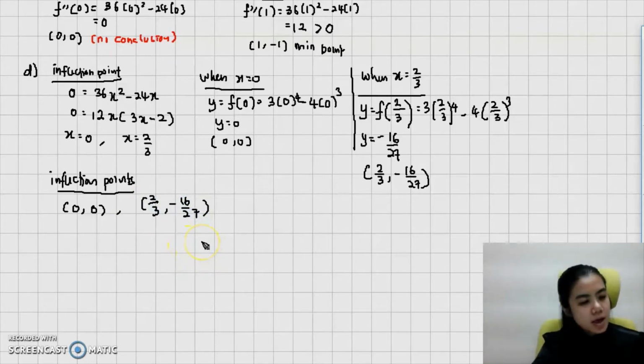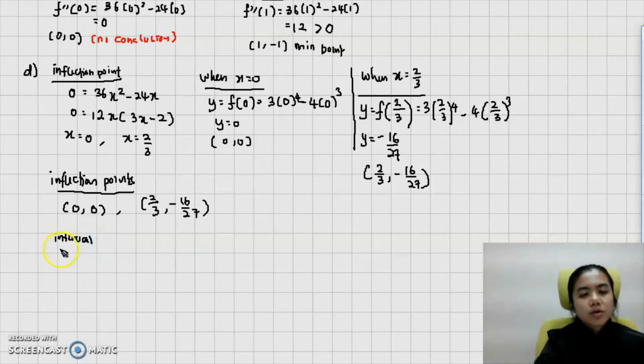The next task is to find the interval of concave up and the interval of concave down. Same thing, you have to form a table, using the values that you obtain from the inflection points.